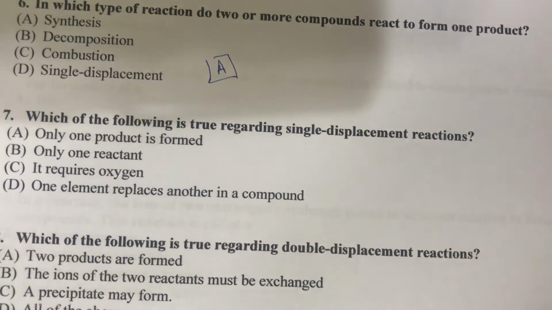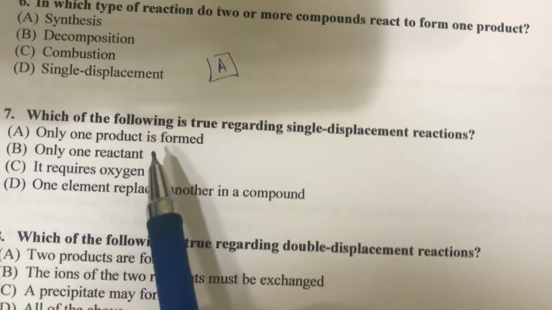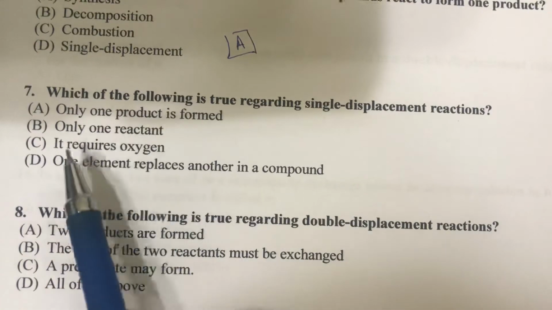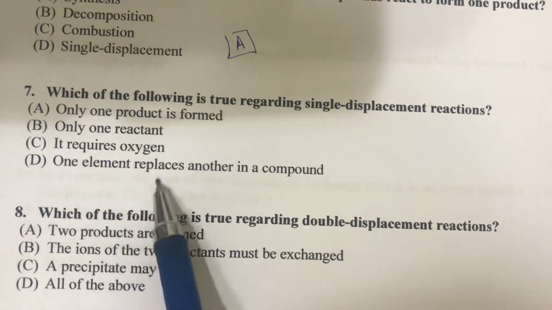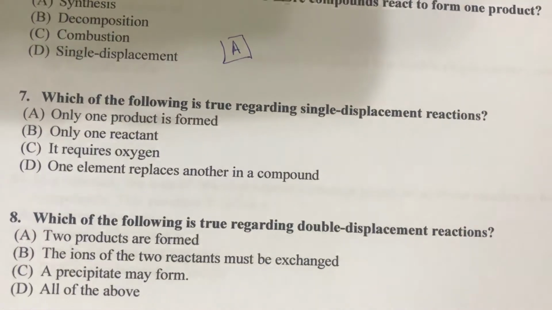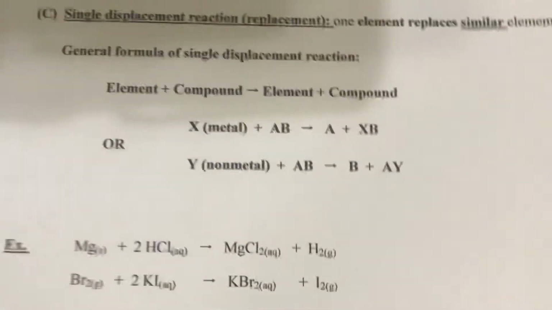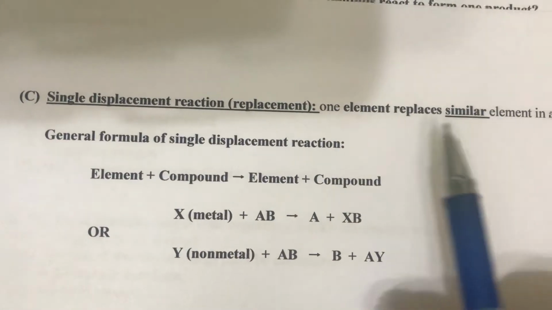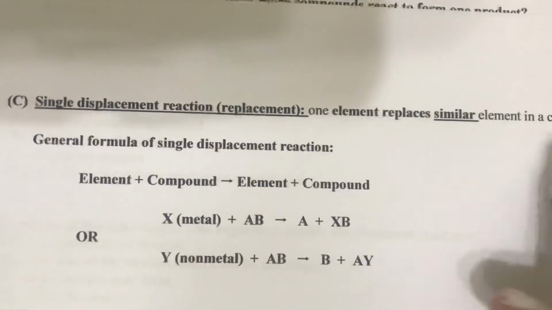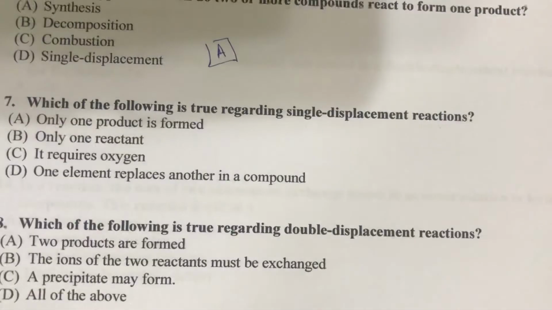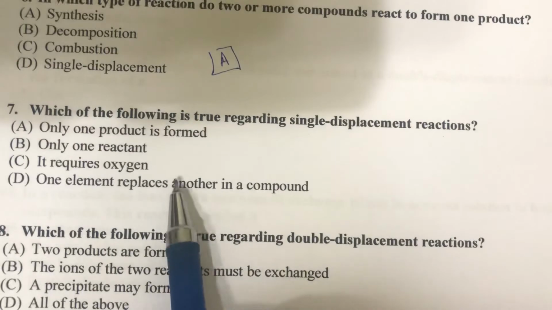Here: only one product is formed, only one reactant, it requires oxygen, one element replaces another in a compound. So in single displacement reactions, one element replaces a similar element in a compound. So the correct answer is D.